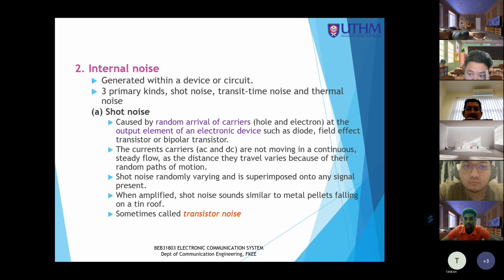Okay, so this is due to the random movement of the hole and electron within the device. So this is also called the transistor noise. Okay, ini disebabkan oleh pergerakan random oleh hole and electron di dalam device tersebut.